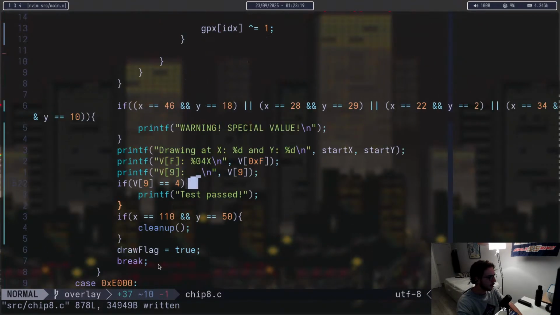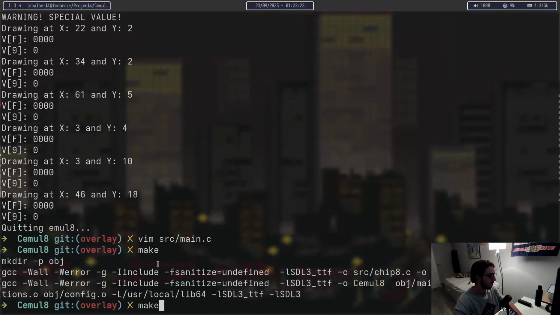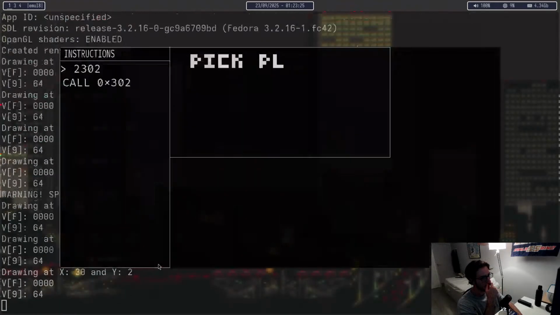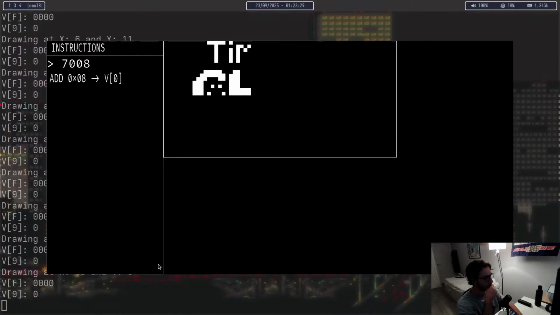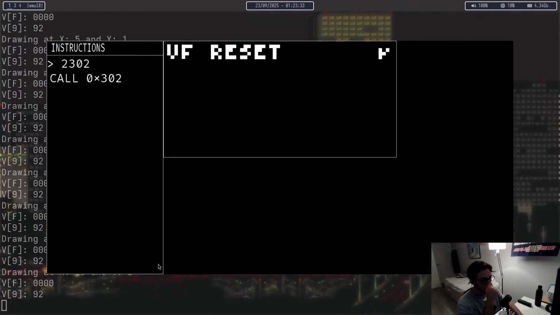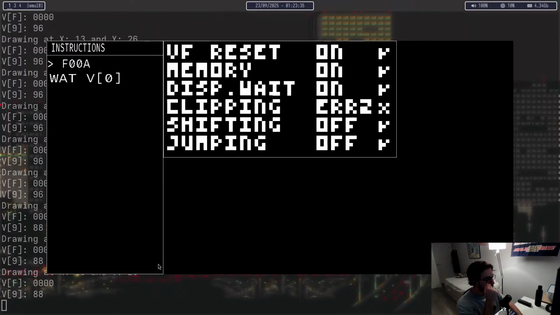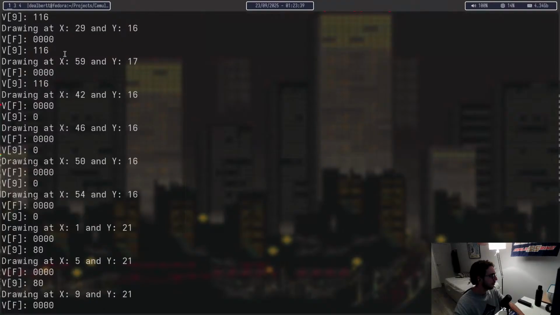I don't think it's gonna matter at all, but we can give it a try. Yep. If this works, then I'm just going to bed. I don't give a fuck. Nope. Of course it's not gonna work. Okay.